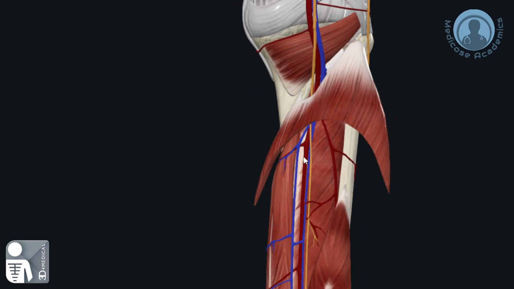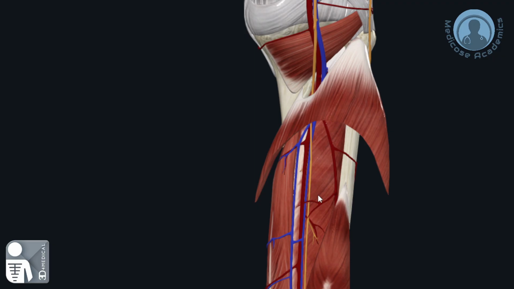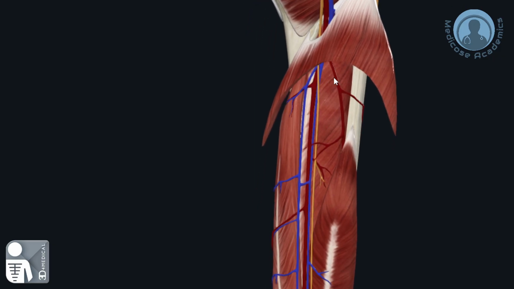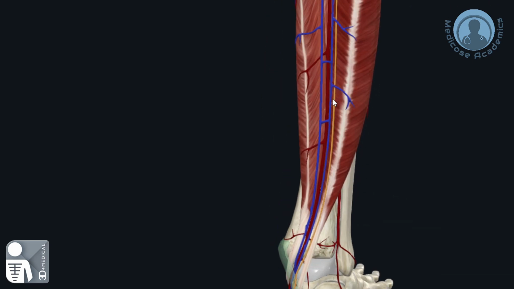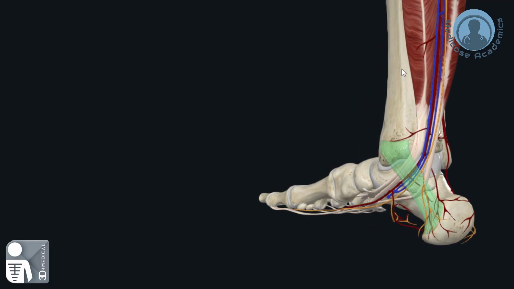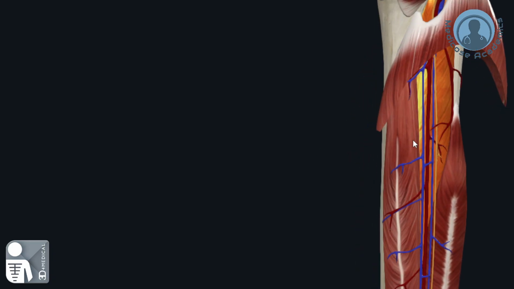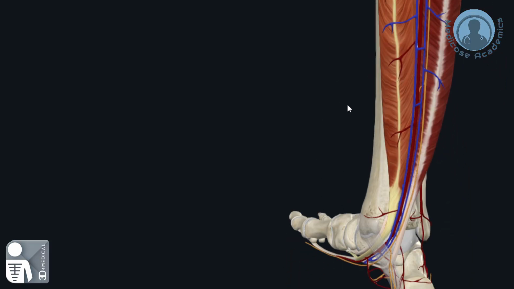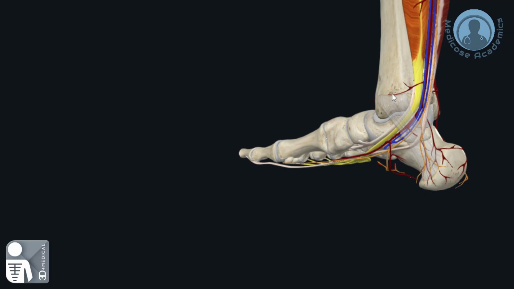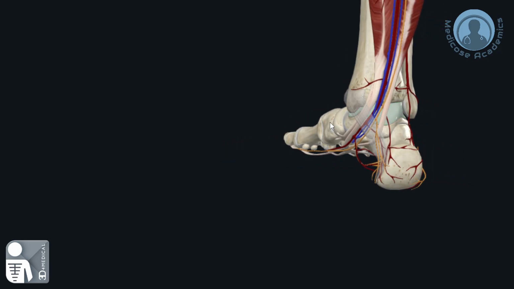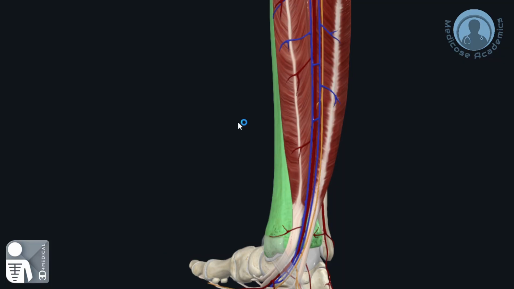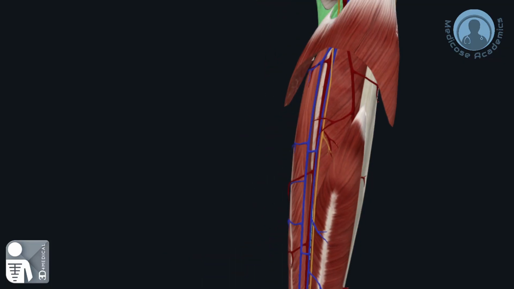Its relations will include the soleus tendon, soleus muscle, and gastrocnemius on the back superficially, the crossing tibial nerve on the upper end, and at the lower end, the flexor retinaculum superficially. On the deep aspect, it will have tibialis posterior, flexor digitorum longus, and the lower end of the tibia too. So this is about this nerve and this artery.